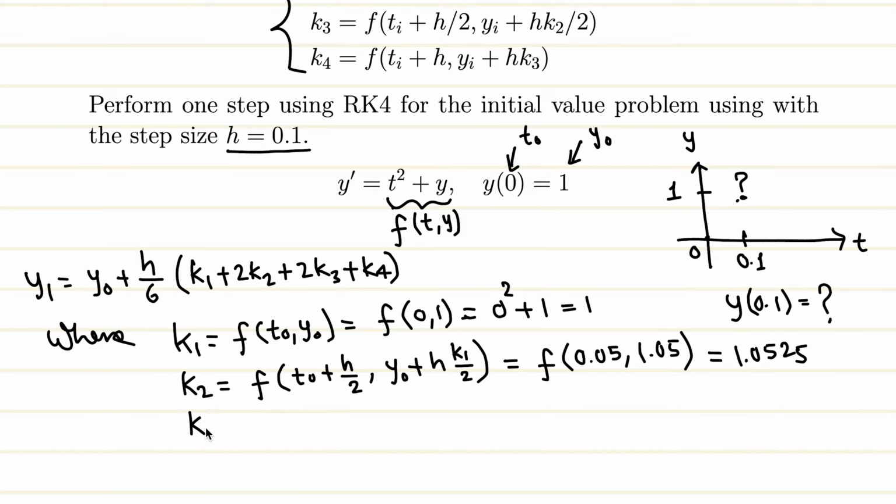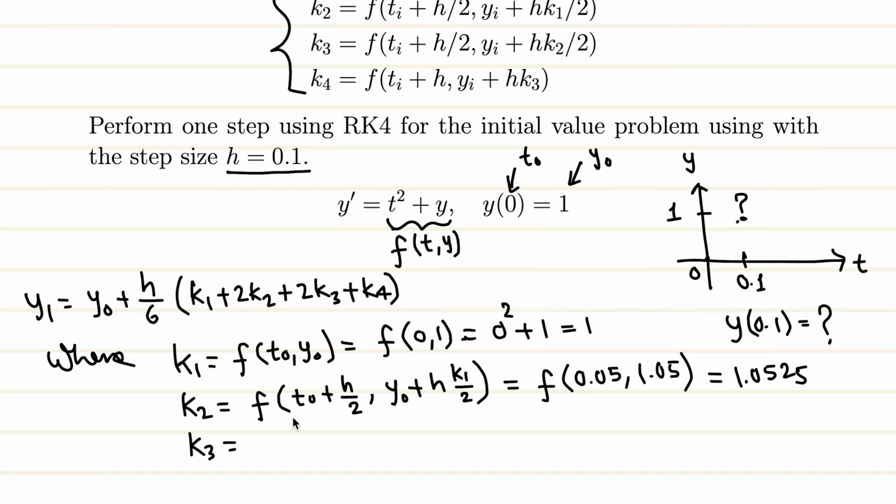In the same way, we can find k3: f of t0 plus h over 2, y0 plus h k2 over 2. t0 is 0 plus 0.1 over 2, 0.05. Here y0 is 1 plus h times k2 over 2. Okay, so just do it on your calculator. h is 0.1 times 1.0525 divided by 2 plus y0 is 1.